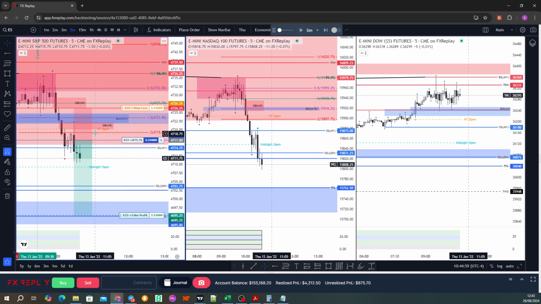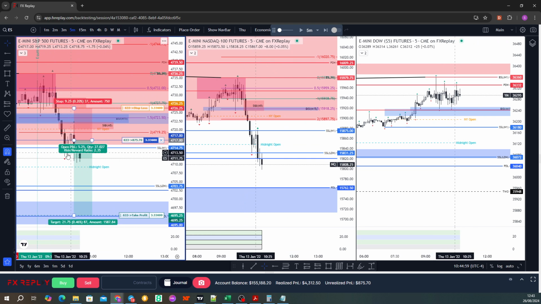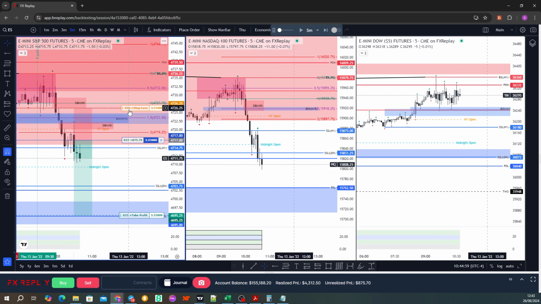Okay. Now, I am going to bring down my stop loss. We took out this low here, so my stop loss, I'm going to bring that down.